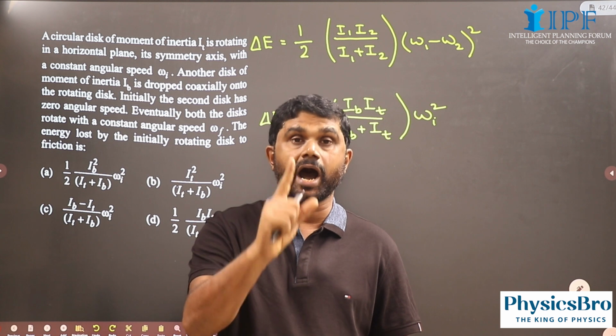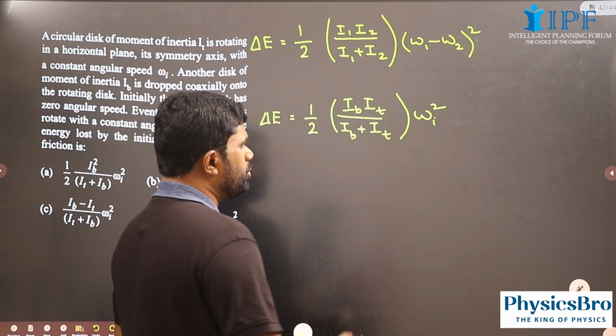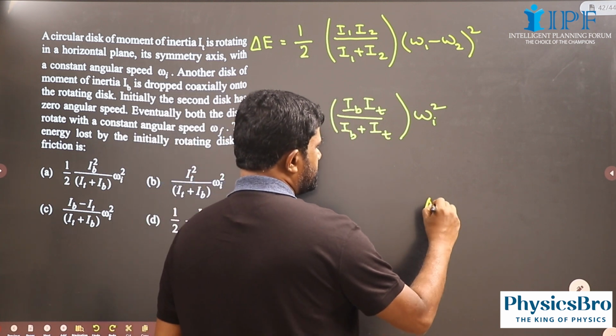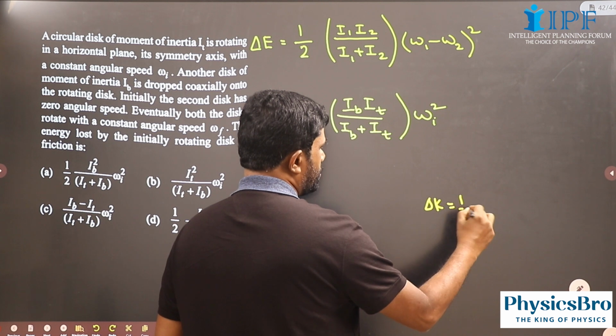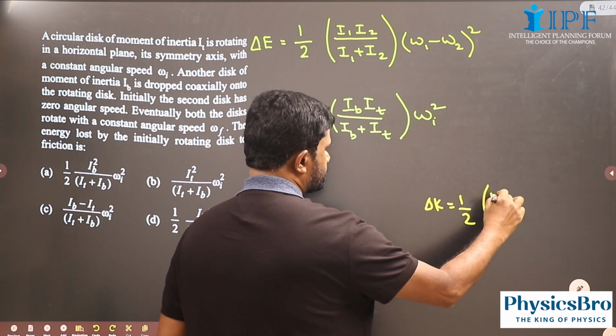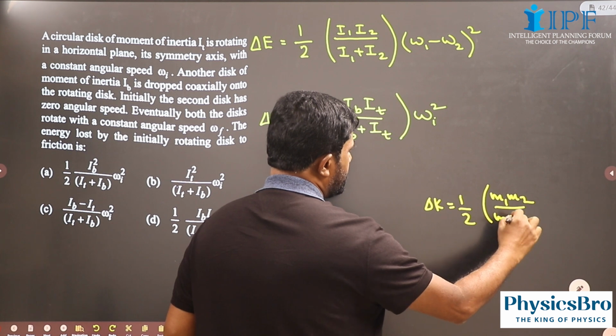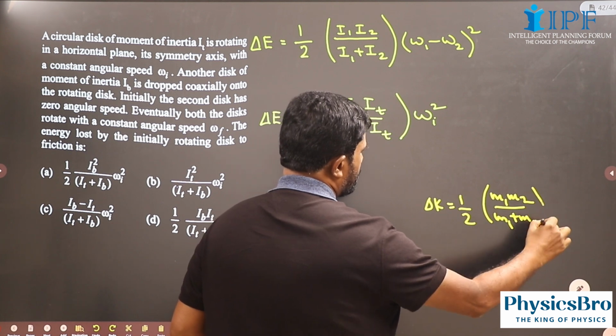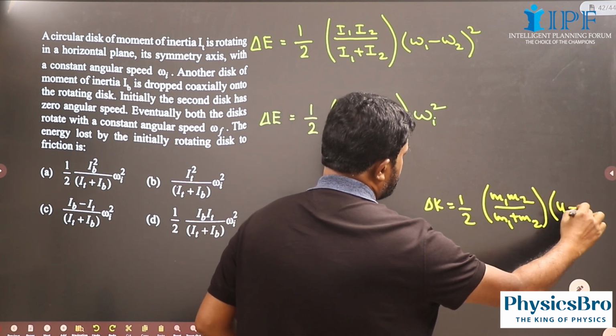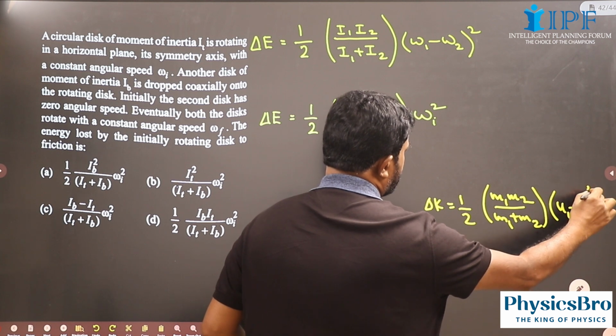Children, please listen: the loss of kinetic energy is half m1 m2 divided by m1 plus m2, times (u1 minus u2) whole square.